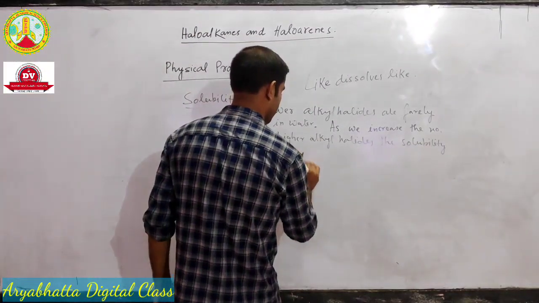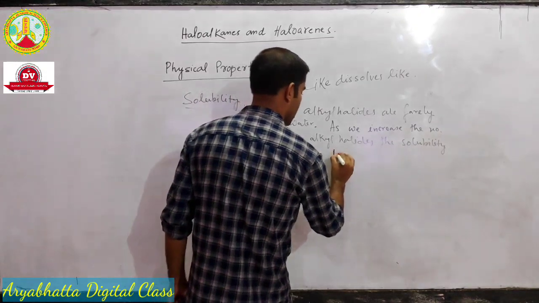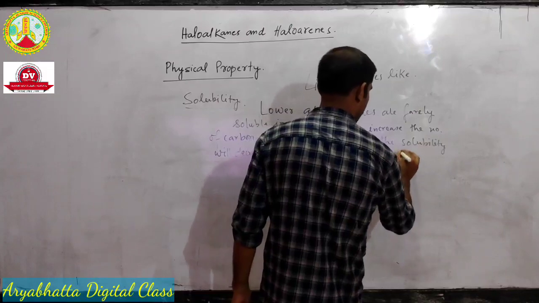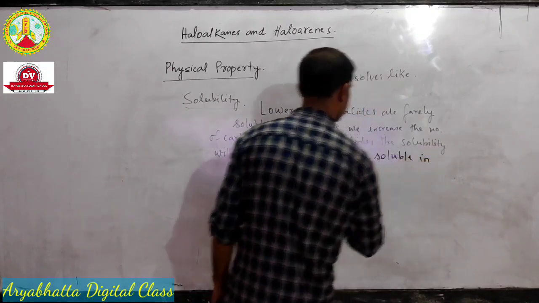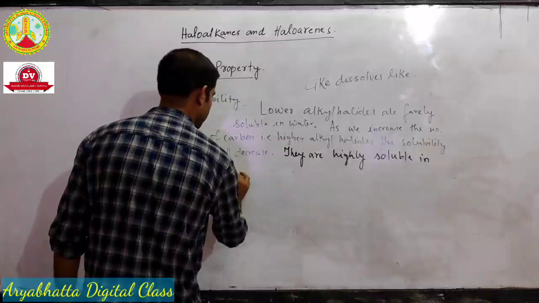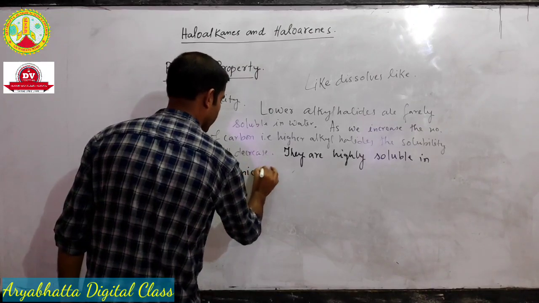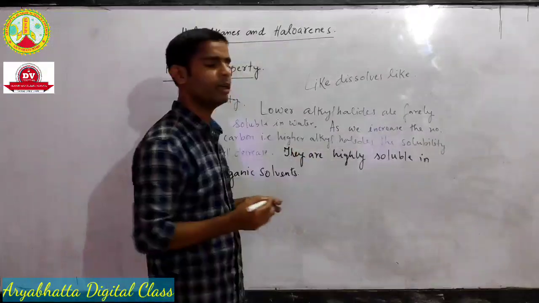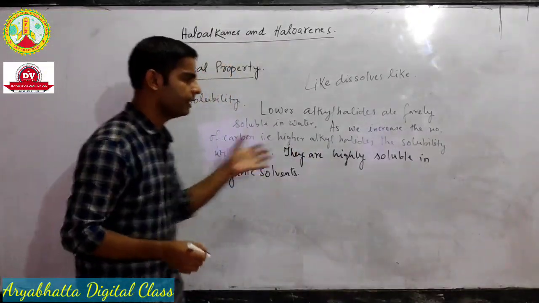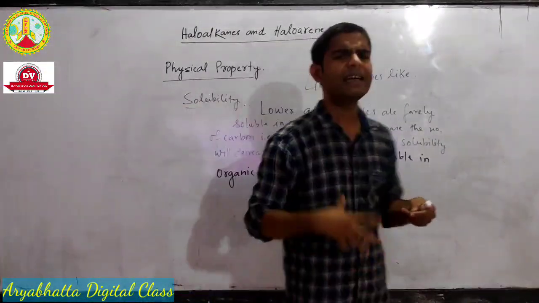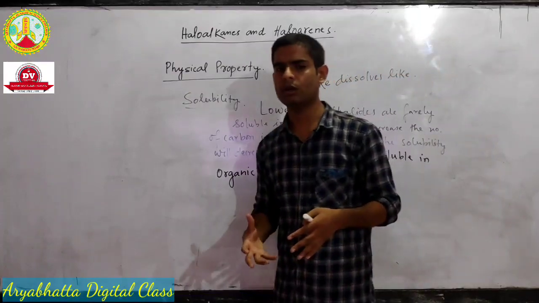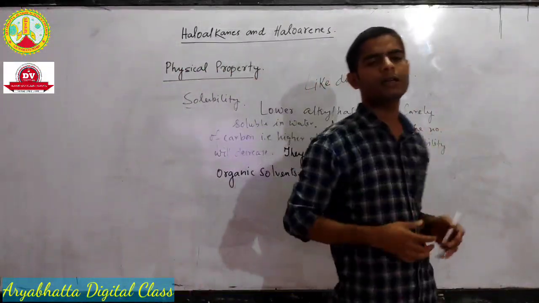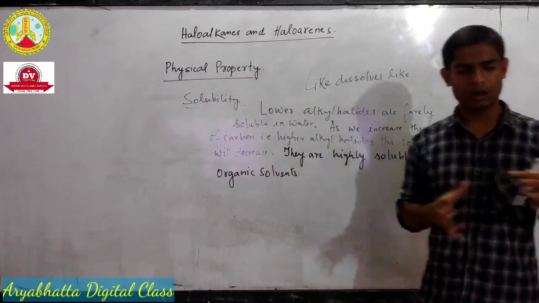Generally they are highly soluble in organic solvents. And why are they highly soluble in organic solvents? The reason is that alkyl halide itself is an organic molecule, so it interacts very well with other organic solvents.